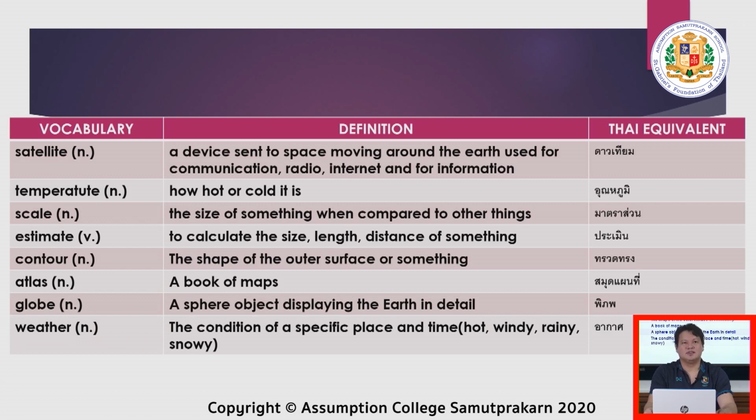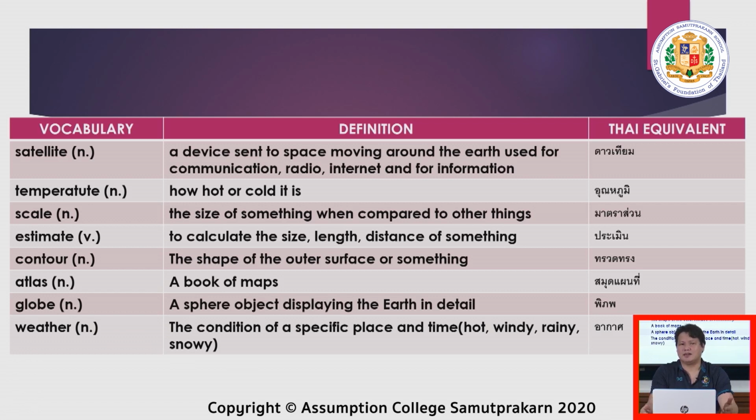Temperature. It is how cold or how hot the place is. Right now, I am in a cold temperature. Scale is the size of something when compared to other things. Estimate. It is to calculate the size, the length, the weight, or the distance of something.